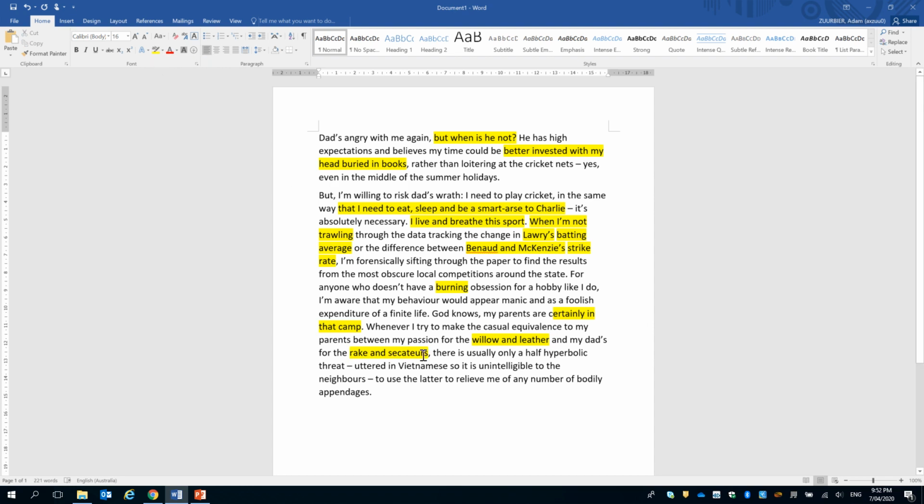Okay, so the rake and secateurs is an object that is standing in for the hobby or practice of gardening. Now, this metonym here, willow and leather, why that stands in for the sport of cricket in its entirety is because it's related. The willow is the type of wood that cricket bats are typically made of, and leather is what cricket balls are made of. Rake and secateurs, two instruments or tools that are used in the practice or hobby of gardening.